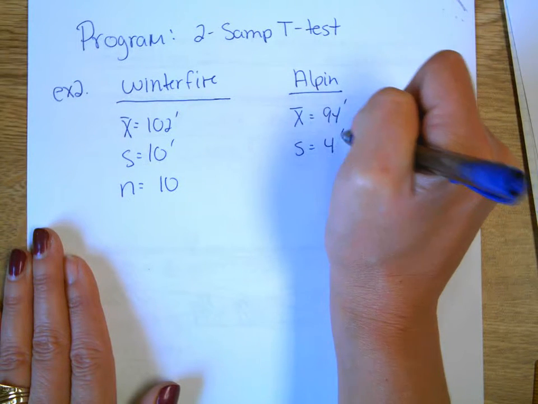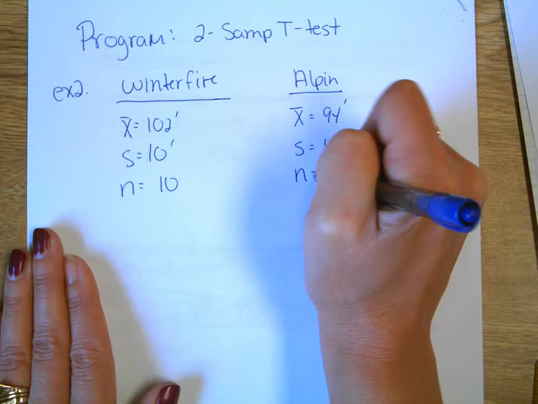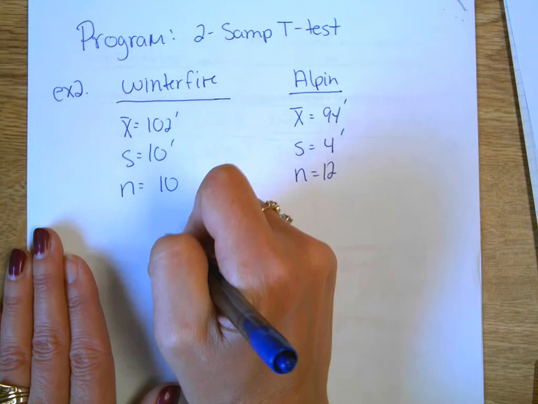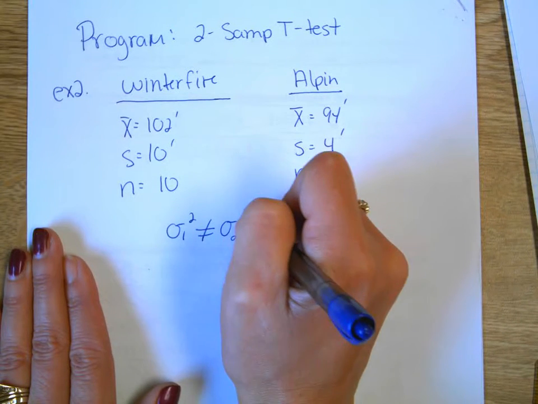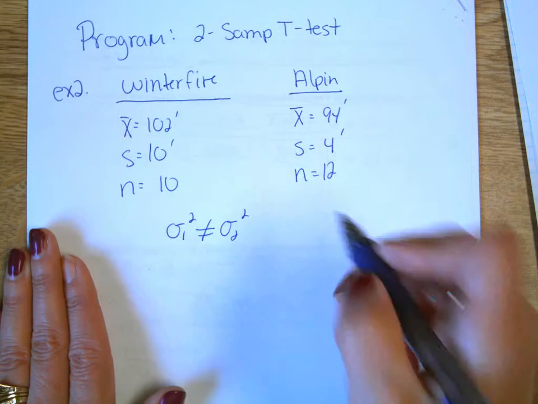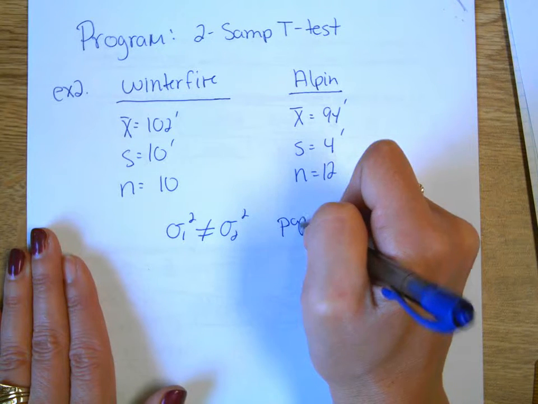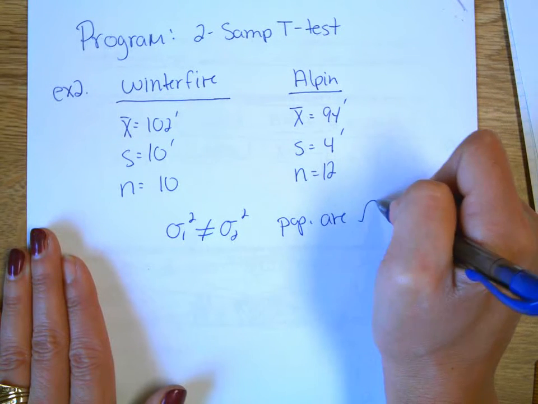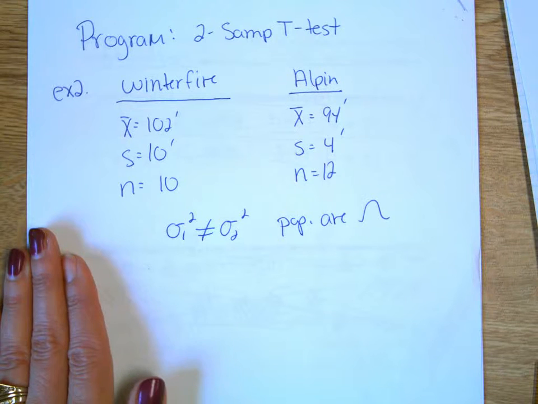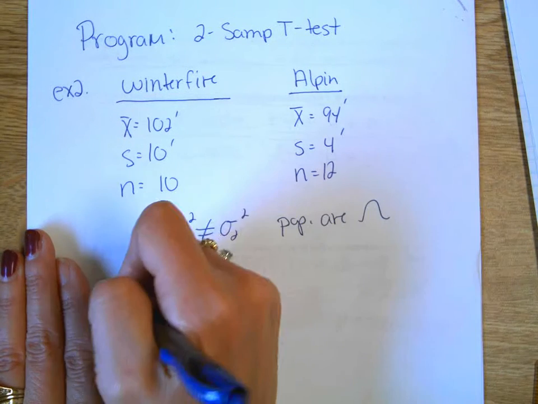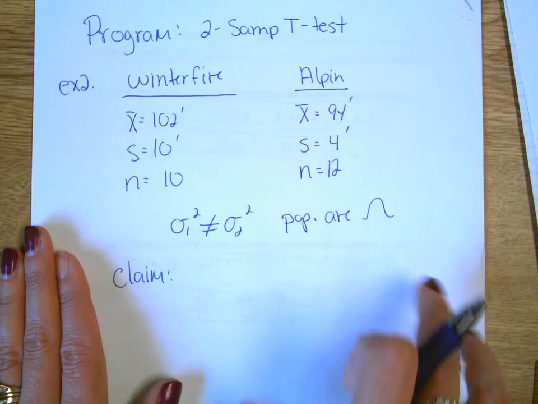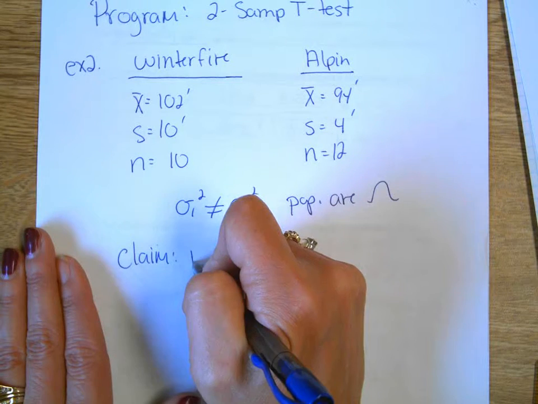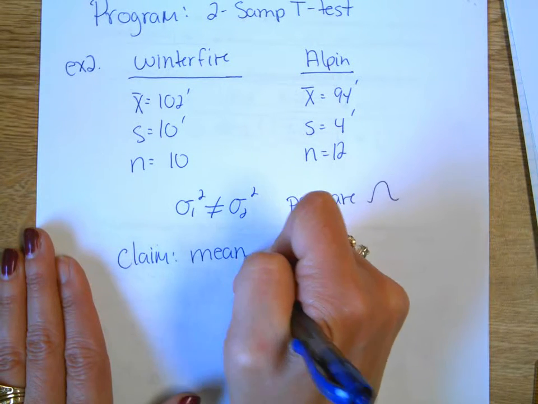Standard deviation, 4 feet. Sample size, 12. Population variance is not equal. Populations are normal. Claim is that the mean braking distances are different.